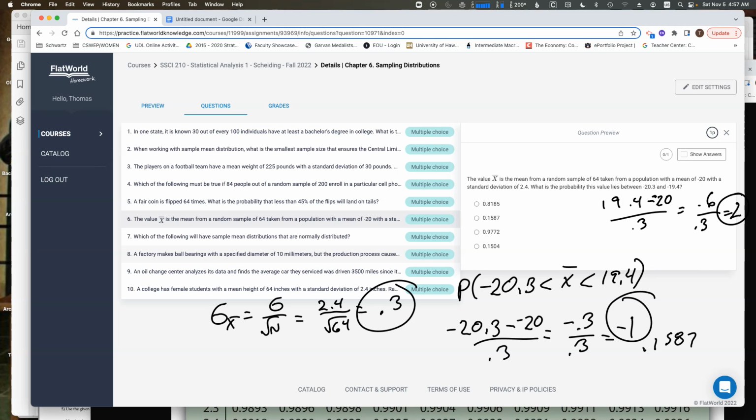And for 2 on the table, it's 0.9722. Subtract these two. And we have an answer here of 0.8185. Let's make sure that that's correct.